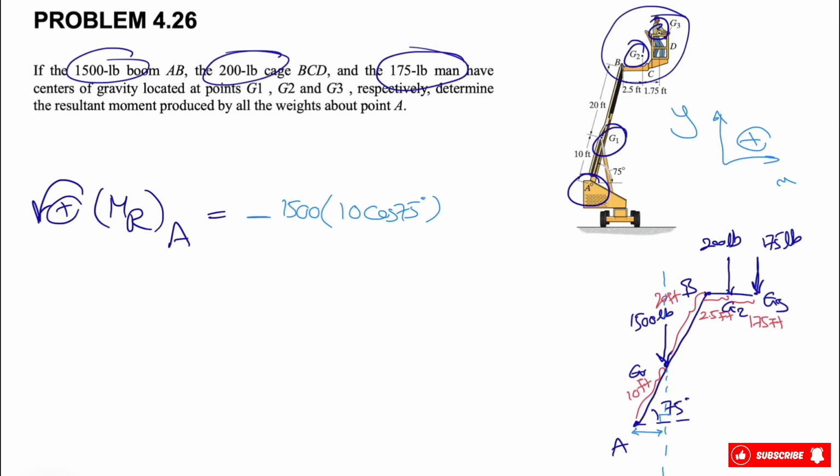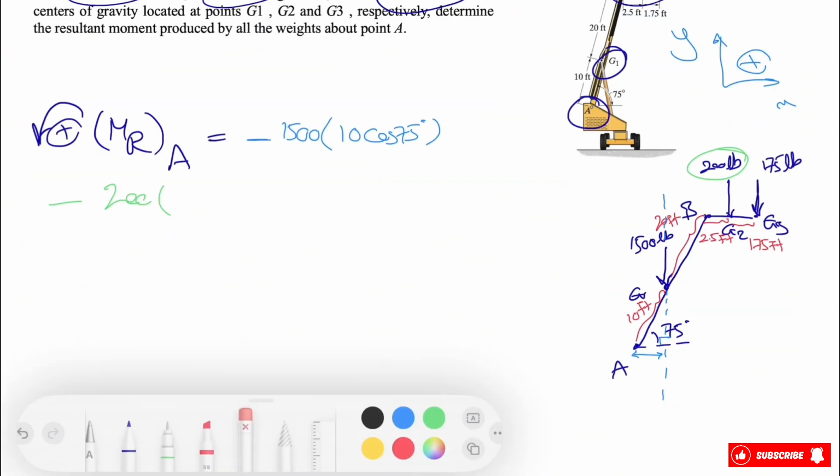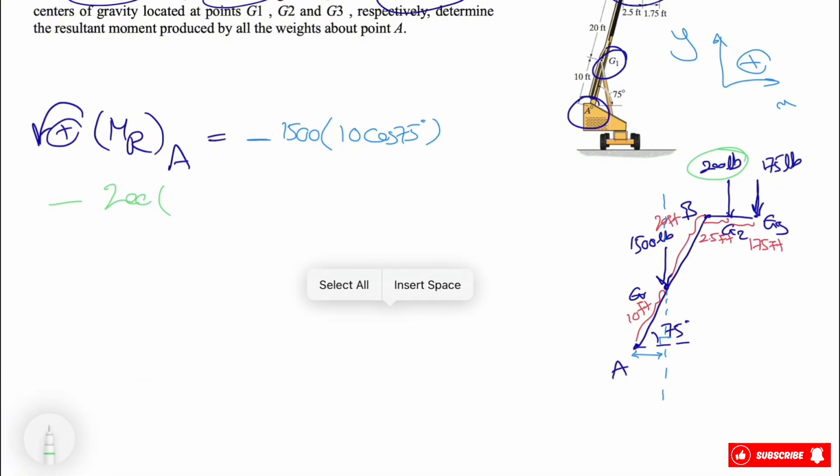I'm gonna show it in the light green for the other force. So same basics. We basically have this time the 200-pound force. Again, we see that the moment about point A is clockwise, so another negative sign. 200 times the distance would be, again we have this line of action over here, and the distance that we have is, if we look at this right triangle, we have this distance here plus here.